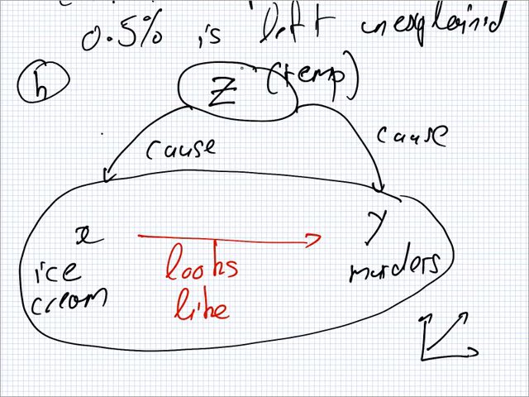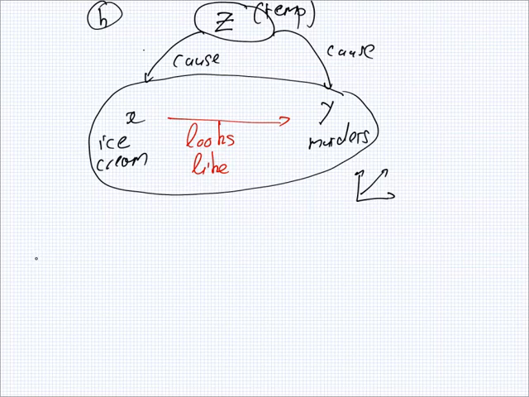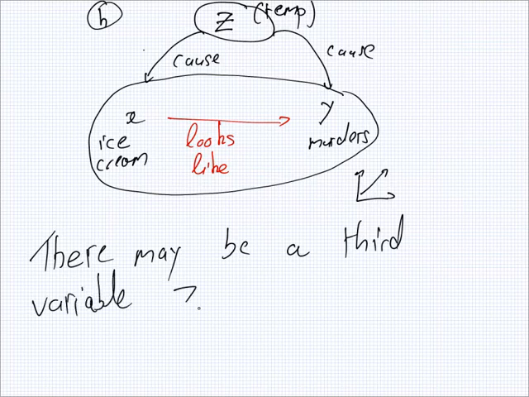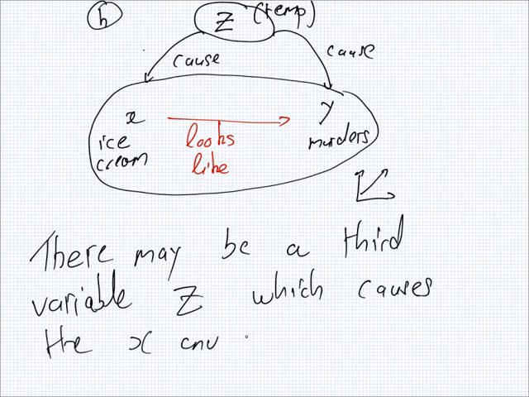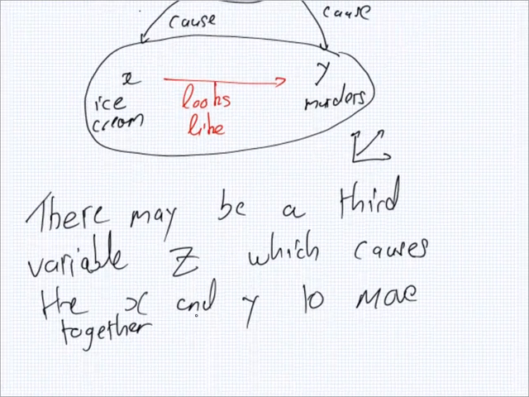And there's actually a special name for this. Does anyone remember? I'm not even sure if I told you. There may be a third variable, z, which causes the x and y to move together, like temperature causes ice cream sales and murders to go up.